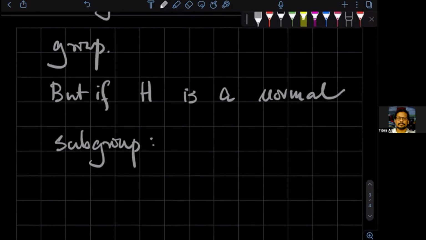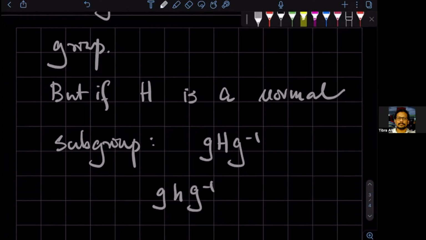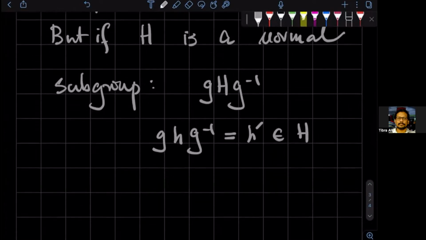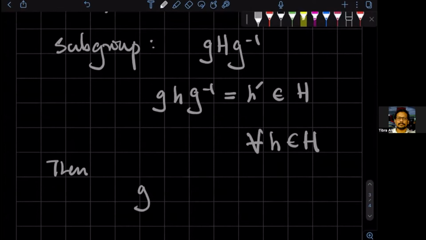what does H being a normal subgroup mean? It means that if you conjugate an element, meaning that if you take an element h from H and take some g and g inverse, then if you get h prime, which is also in big H, and if this is true for all h in H, then we can say that gH is equal to, say, Hg, right?